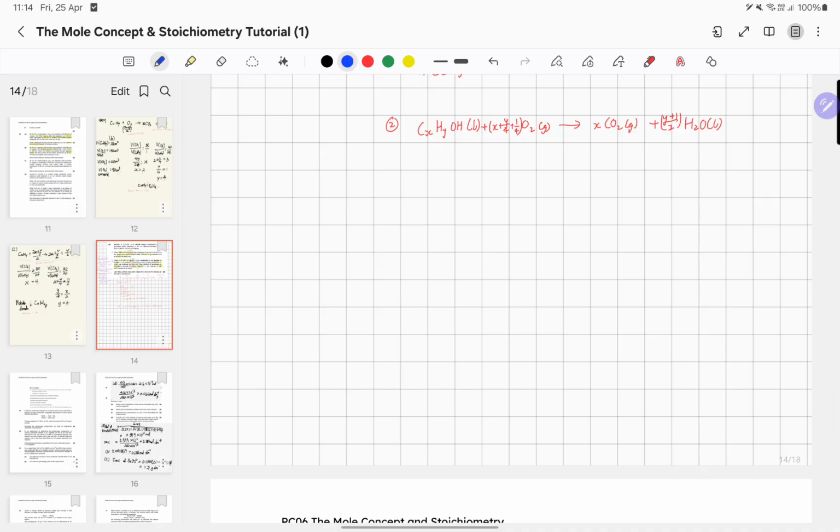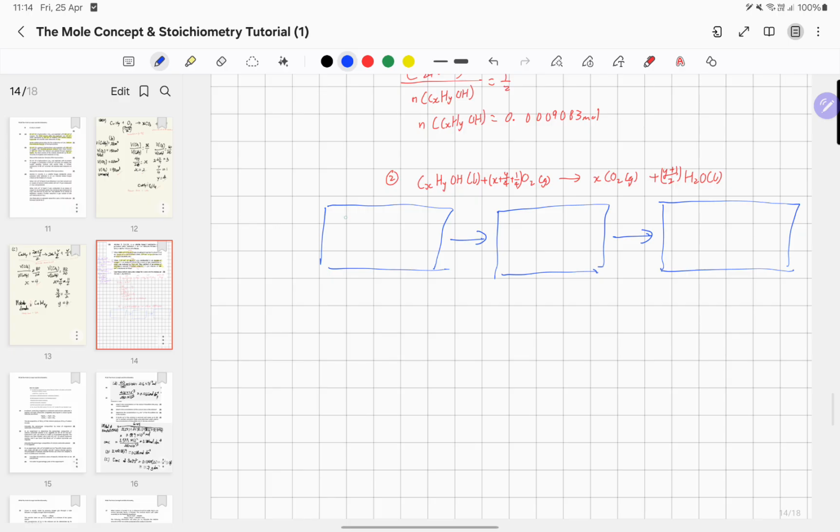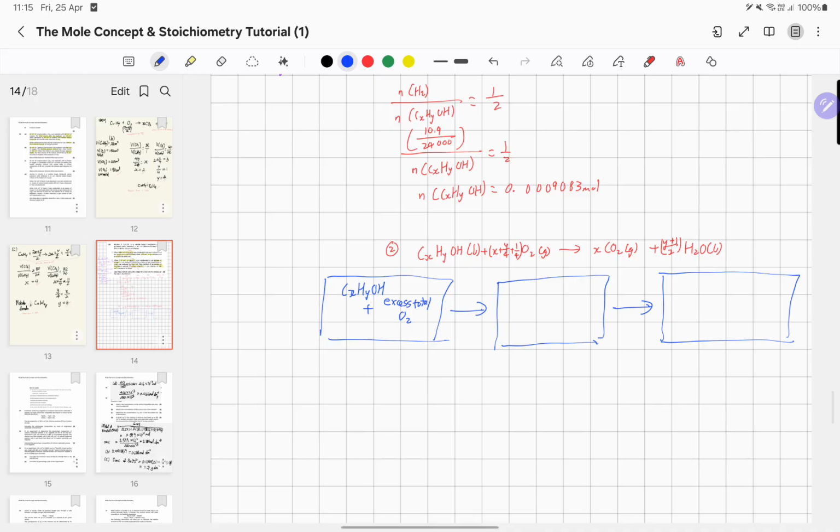If I were to draw a diagram, initially we have CxHyOH plus excess O2. Afterwards, the reduction of gas means that there's no more alcohol, because it's the limiting reagent. Now I have unreacted O2 left plus CO2 plus H2O.